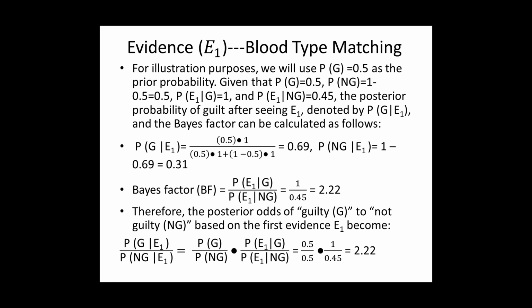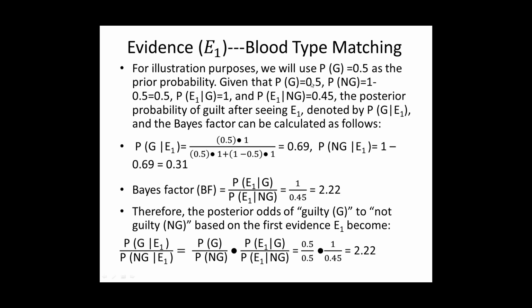So this is 2.22. And then we plug the numbers into the posterior odds, which means that based on what was actually observed in the first evidence, what is the chance that this defendant is guilty versus not guilty? And clearly, with prior 0.5 to 0.5, the Bayes factor happens to be identical to the posterior odds ratio.